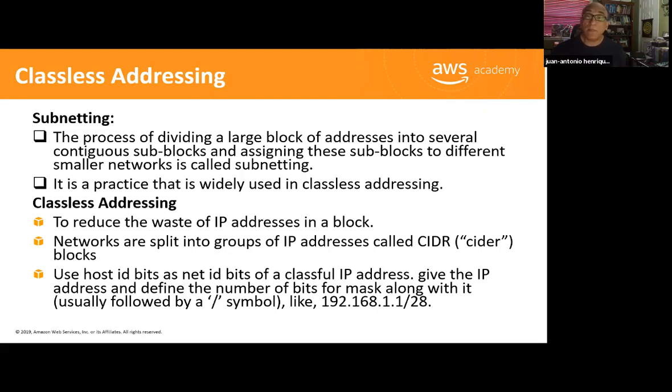It uses host ID bits as network ID bits of a classful IP address. And it uses a certain format to understand how it's being used. The IP address that is used defines the number of bits for the mask along with the symbol.